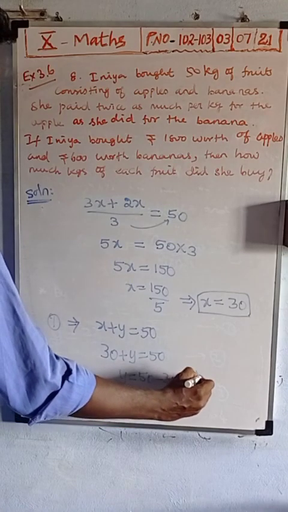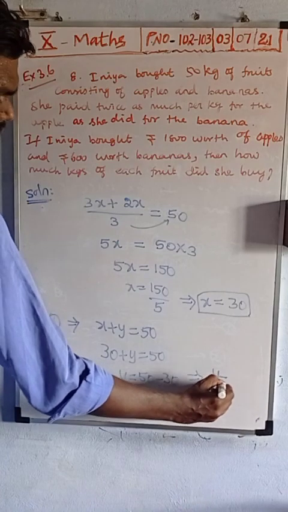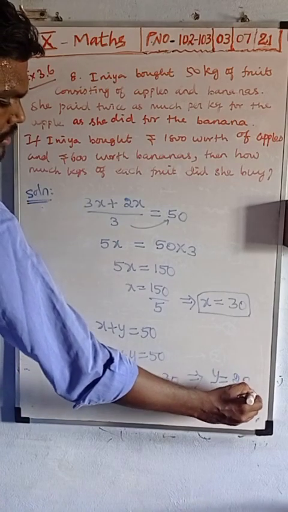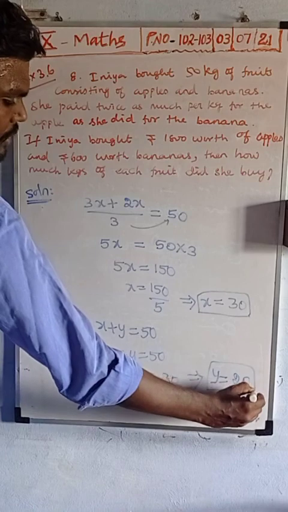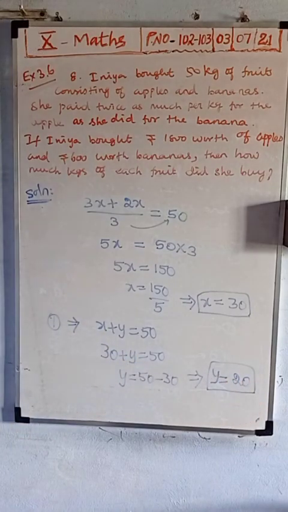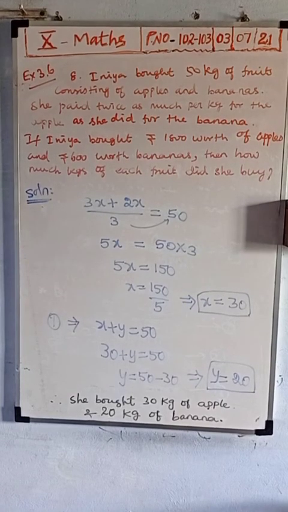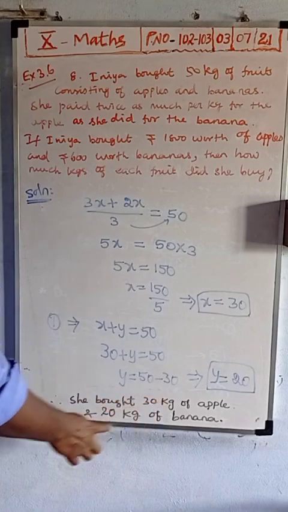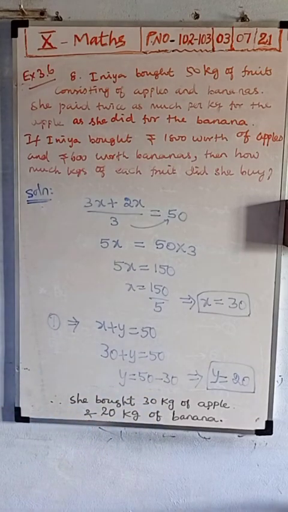This implies y is 20. Now here, x I chose as apple and y I chose as bananas. Therefore she bought 30 kilograms of apple and 20 kilograms of banana.